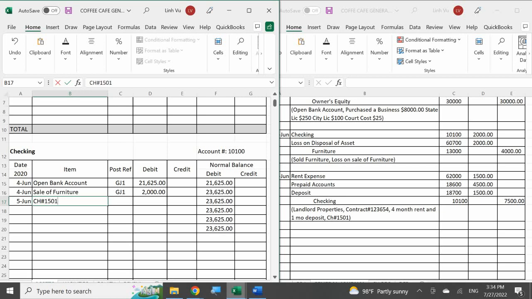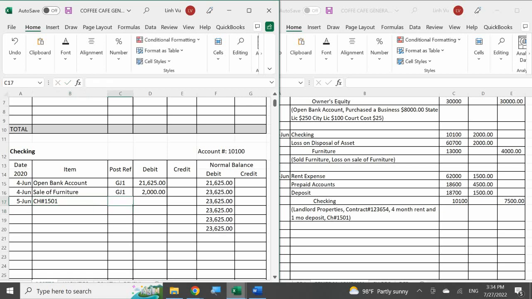Plus, it's going to come out of your check number. So when you do your bank reconciliation, are you looking for rent? You're looking for the check number. So the check number is a powerful piece of information, because I can go ahead and look at my check register. Oh, okay, I paid landlord properties. When did I pay for it?